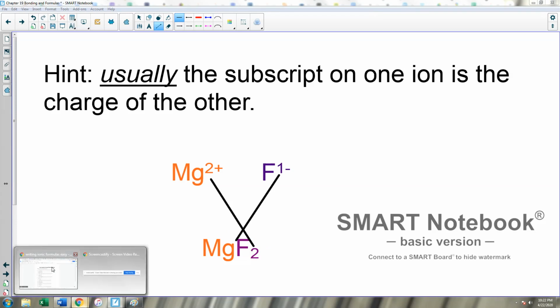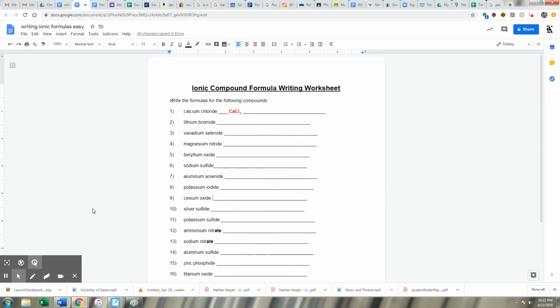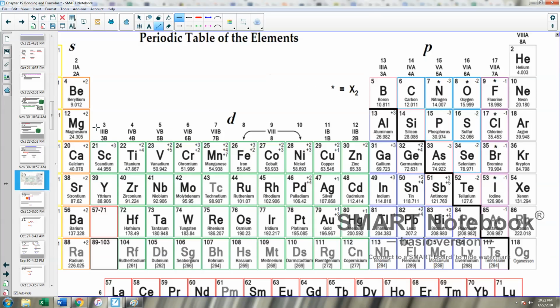So your homework tonight is going to be basically just figuring out the formulas based on just the name. And remember, you have to look up the charges on a periodic table. Like lithium bromide, I have to look up on a periodic table.